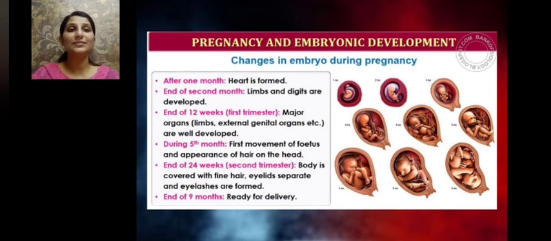During the fifth month, the first movement of the fetus and appearance of hair on the head are noted. At the end of 24 weeks, that is the second trimester or 6 months, the body is covered with fine hair, the eyelids separate and eyelashes are formed. And at the end of 9 months, the fetus is ready for delivery.